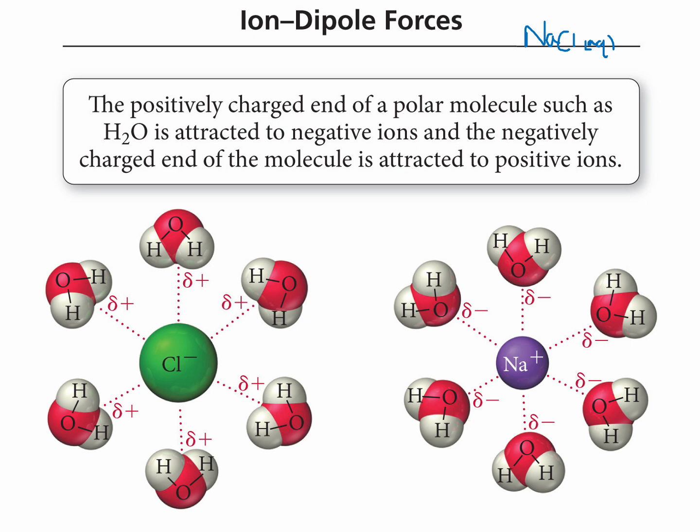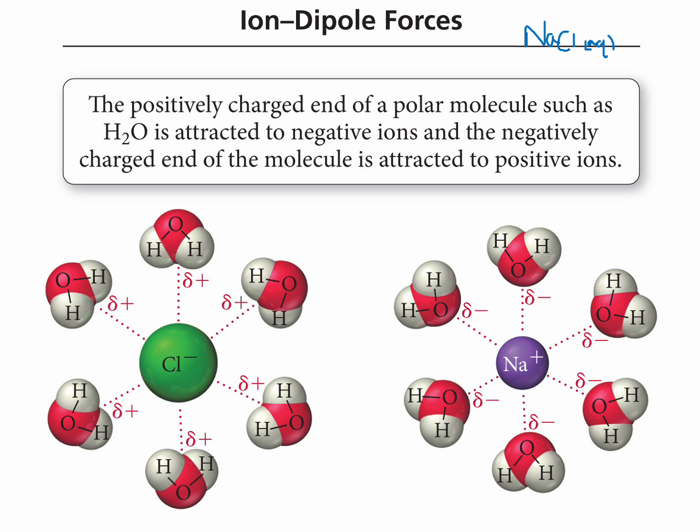The positively charged end of a polar molecule is attracted to the negative ion in the ionic compound. And then the negative end of the polar molecule is attracted to the positive ion.